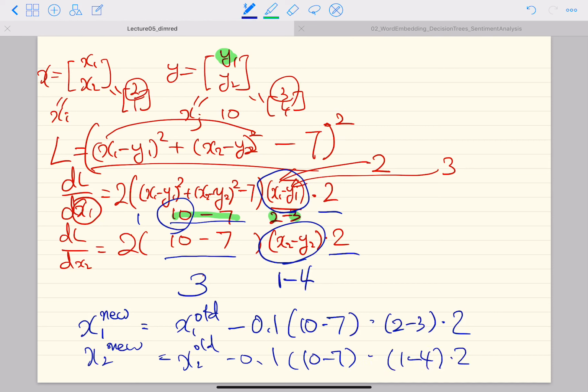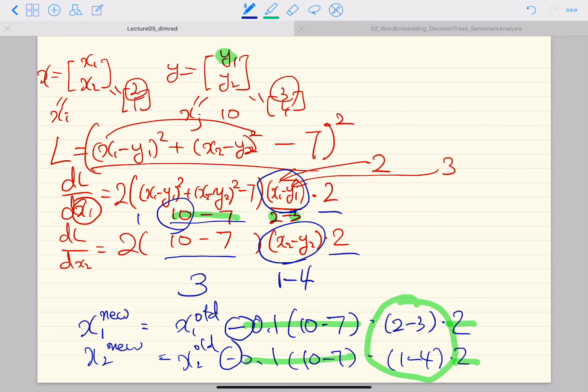Okay, so this part will all be the same, together with the negative sign over here.